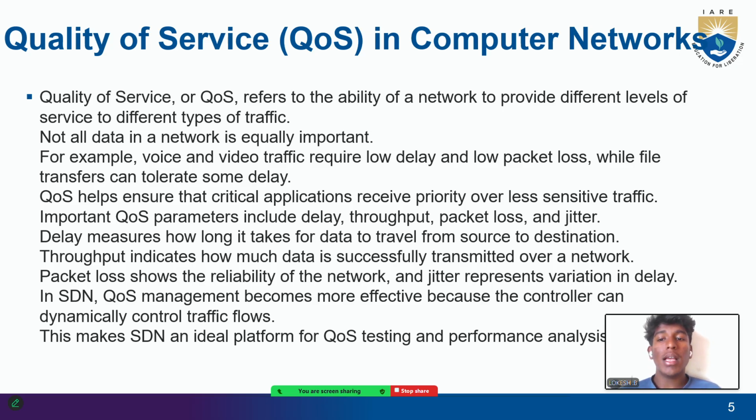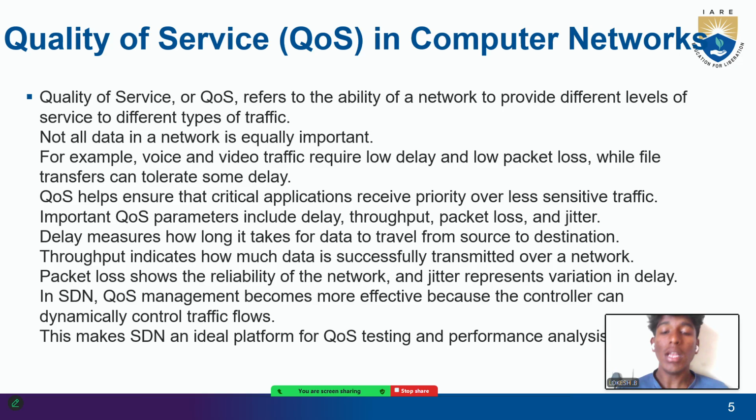Important QoS parameters include delay, throughput, packet loss, and jitter. Delay measures how long it takes for data to travel from source to destination. Throughput indicates how much data is successfully transmitted over a network.